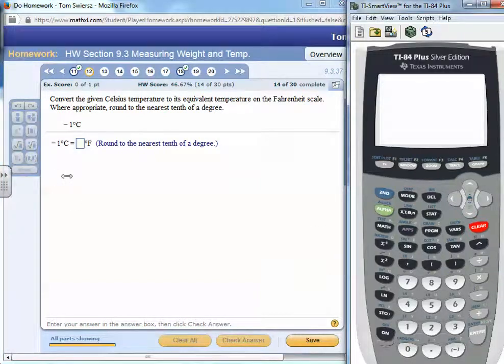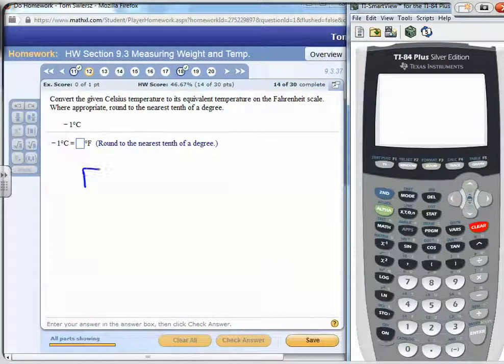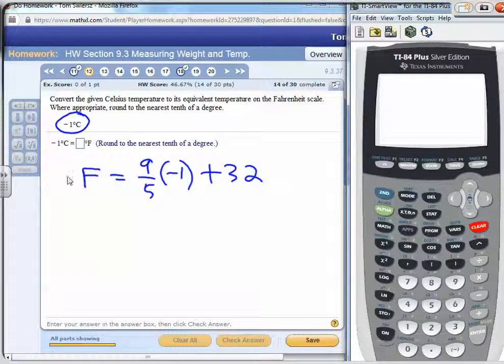Number 12, -1 degree Celsius is what temperature Fahrenheit? Again, for Fahrenheit we want to use the one with F equals: 9/5 times -1 plus 32. That's our formula to convert from Celsius to Fahrenheit. The Celsius goes in 9/5 times C, which is given to be -1.